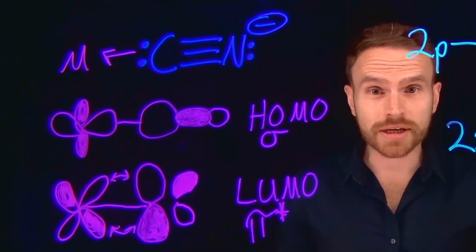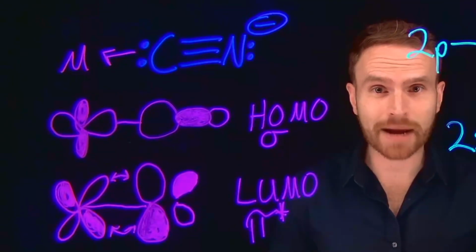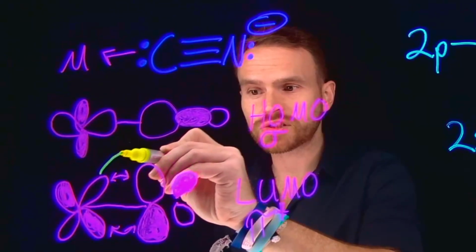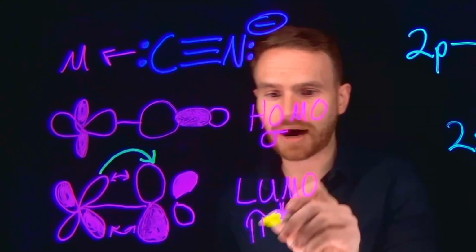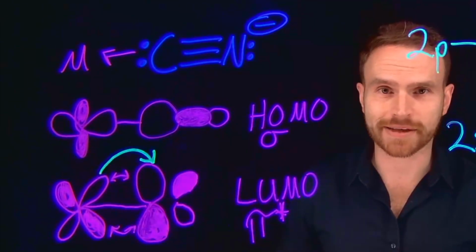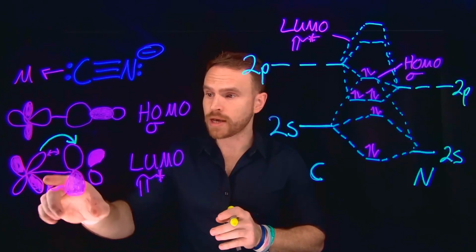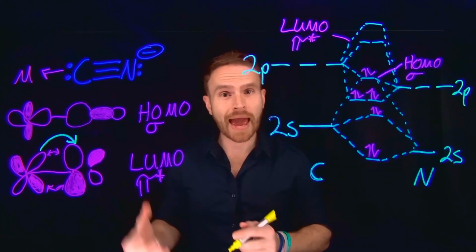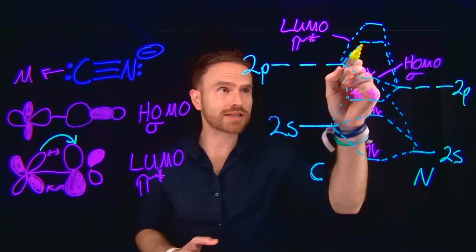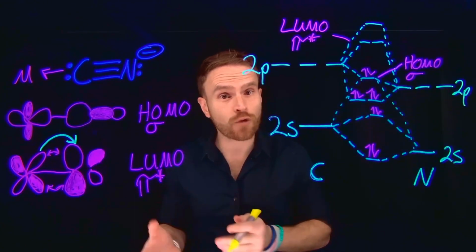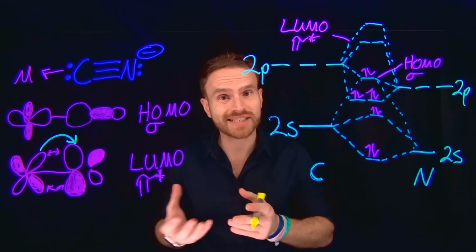And this is where a really important concept known as pi backbonding comes into play, where electrons from the metal can be donated into the pi star or anti-bonding pi orbital of our ligand, because we have the correct symmetry where these two orbitals can overlap, and also we know that the lowest unoccupied molecular orbital, or the pi star, is empty and therefore can accept electrons.